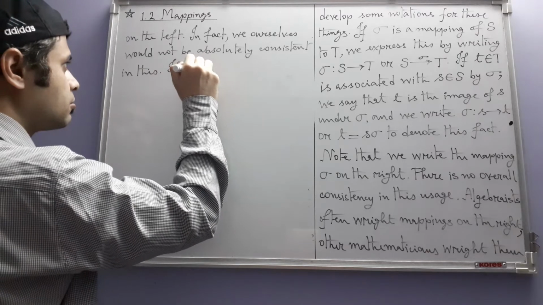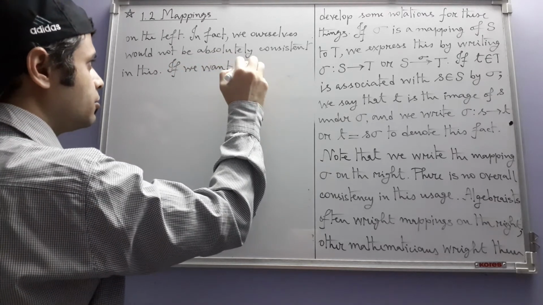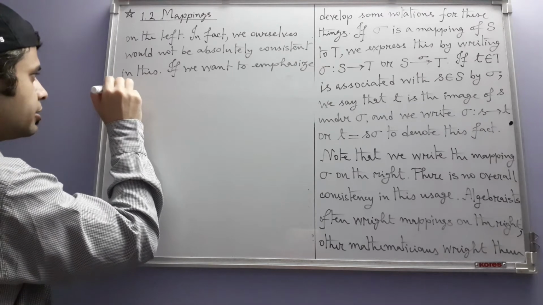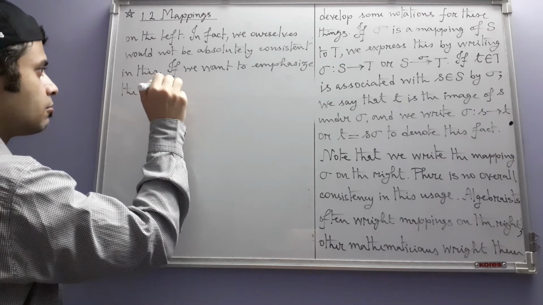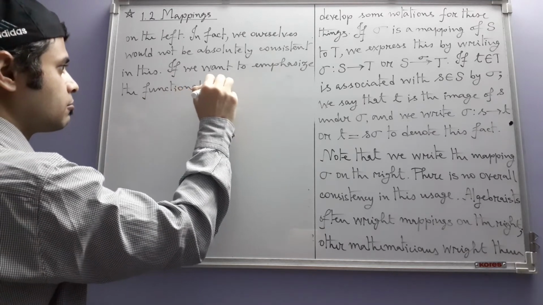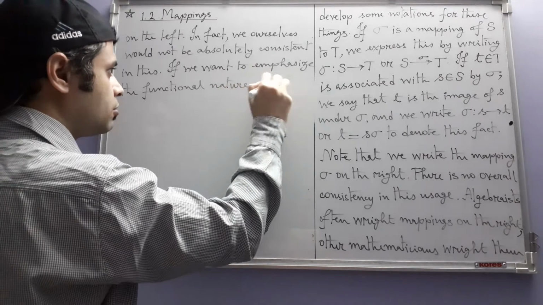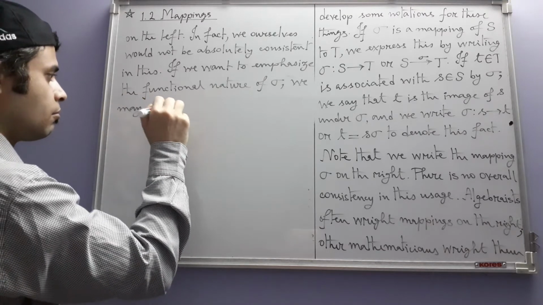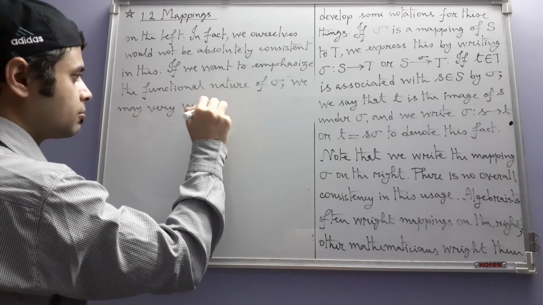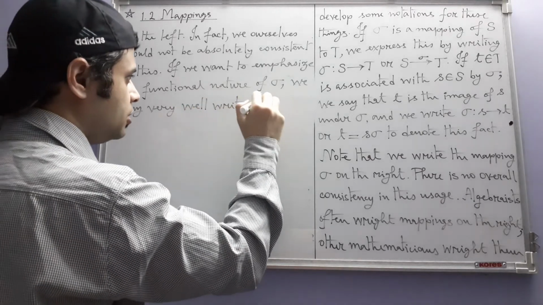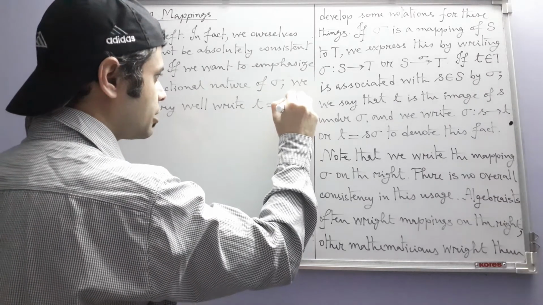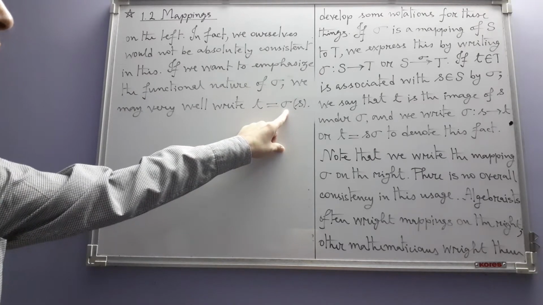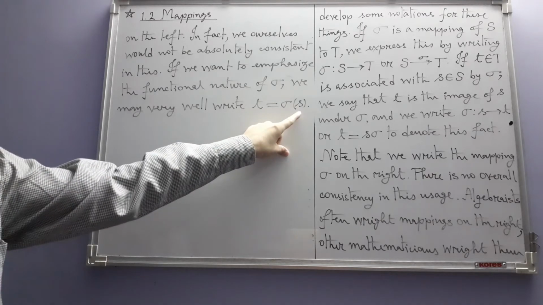If we want to emphasize the functional nature of sigma, we may very well write T is equal to sigma of S. Functional nature means here we are viewing sigma as a device that gives us an output when an input is given.